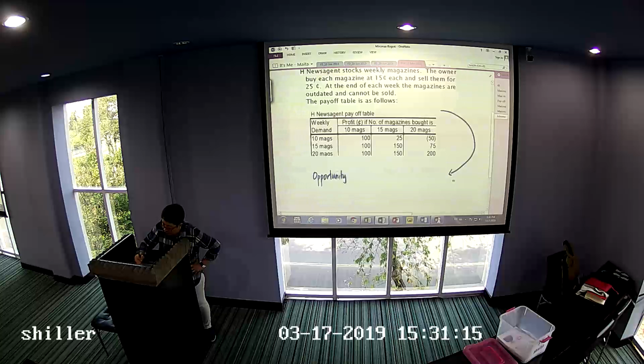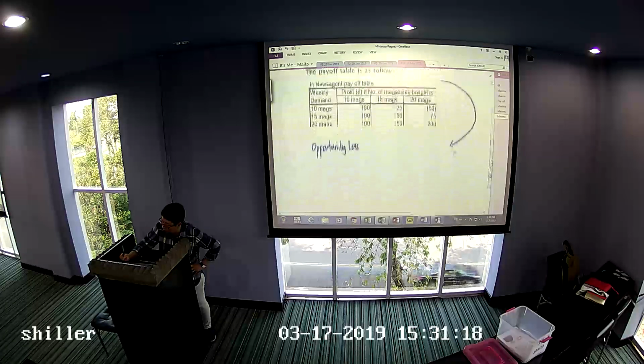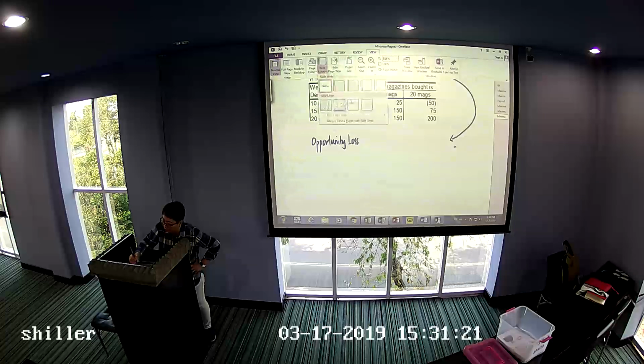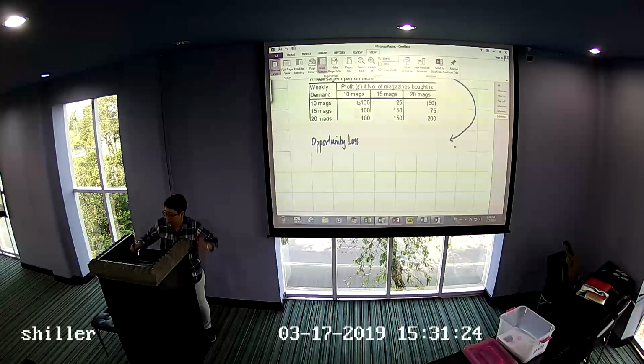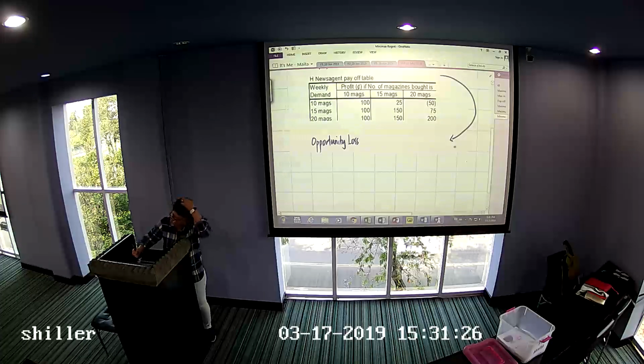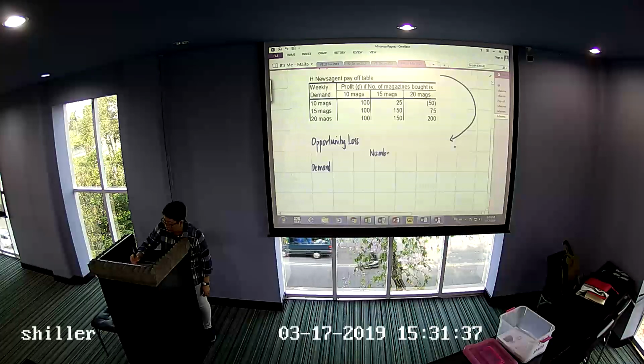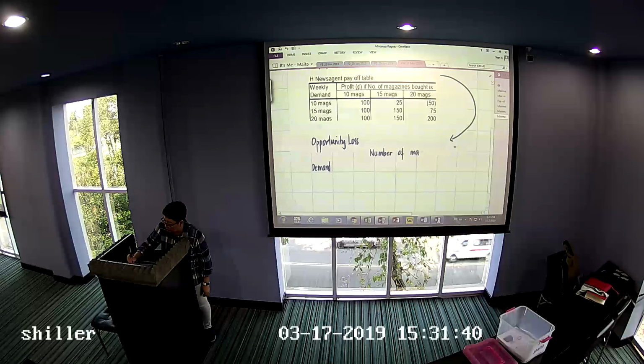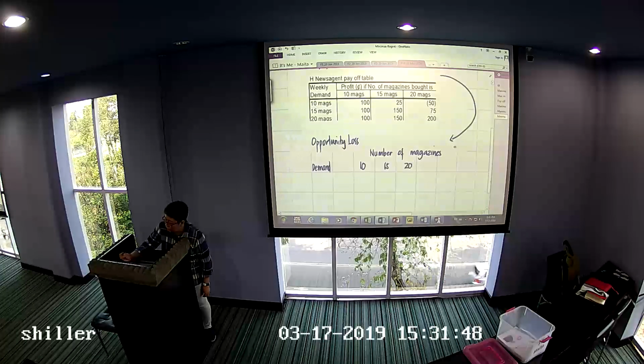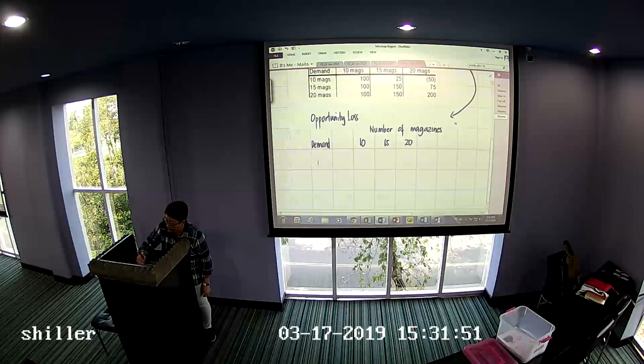I want to convert this to an opportunity loss table. Correct? 10, 15, 20.